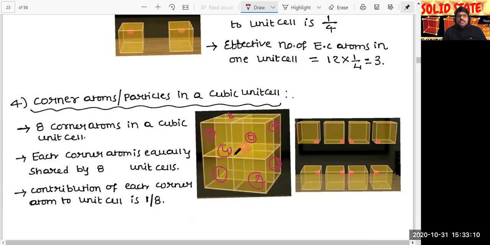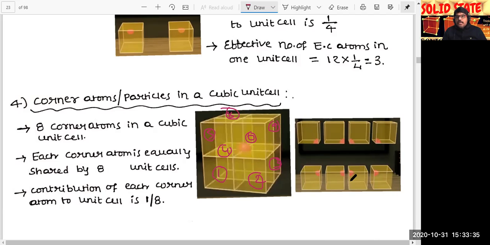That means when a particle is present at the corner of a cubic unit cell, it is equally shared by 8 unit cells. So a corner atom is always equally shared by 8 unit cells. So what is the contribution of a corner atom? 1 by 8. It contributes 1 by 8 to each unit cell.